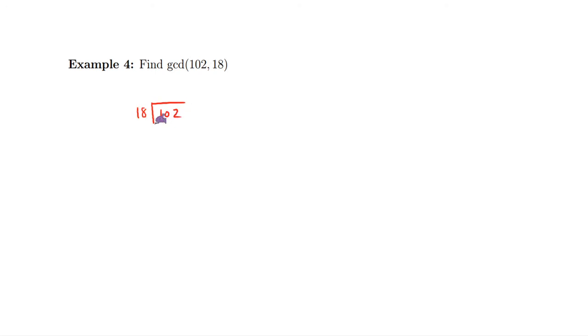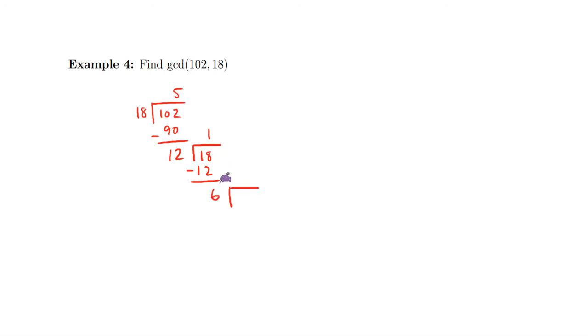So 102 divided by 18. So this goes in 5 times. 5 times 18 is 90. Okay, so then I have 12. Okay, so you do that. And then now you bring down the previous thing you were dividing by. So now I'm going to divide that by the remainder 12. So you get 1, and then a remainder of 6.